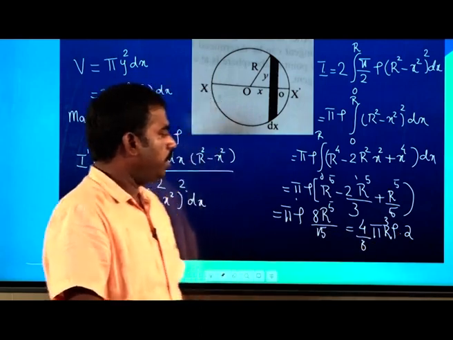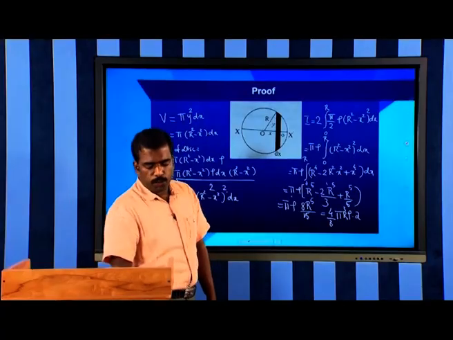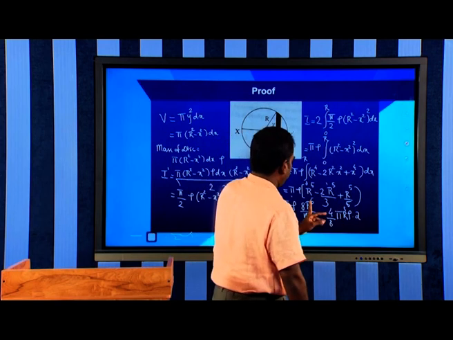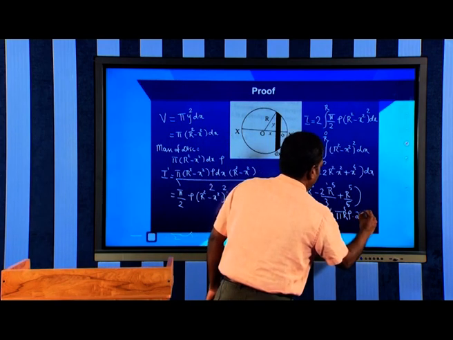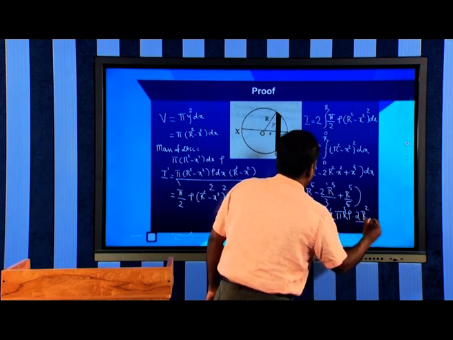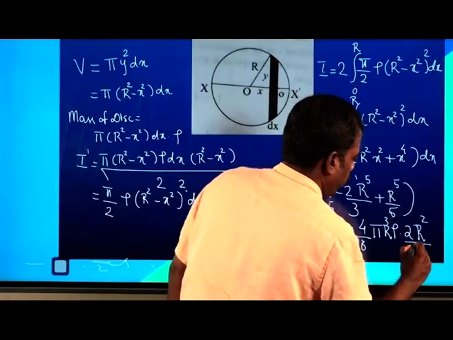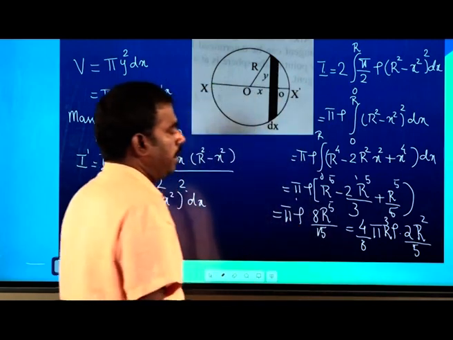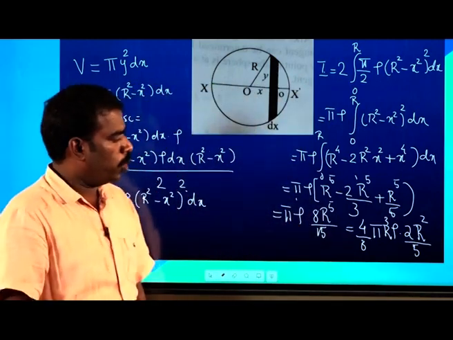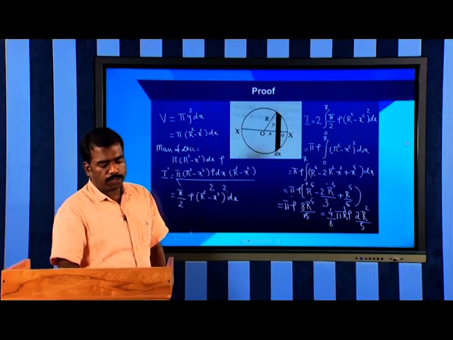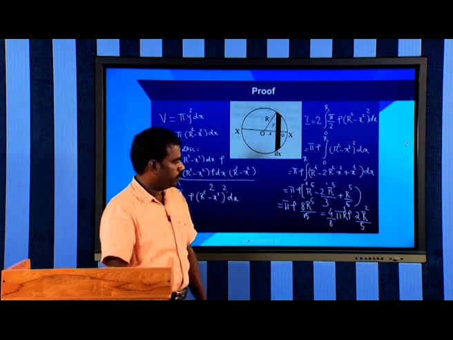So 2 is there, 2 into r cube is here, total r raised to 5. So r square by 5, 4 by 3 pi r cube rho into 2 r square by 5.